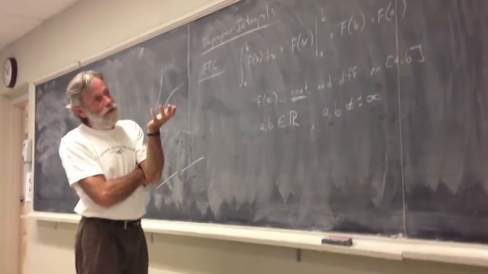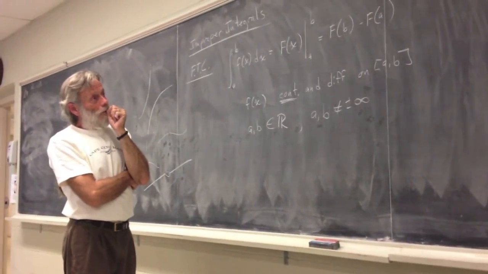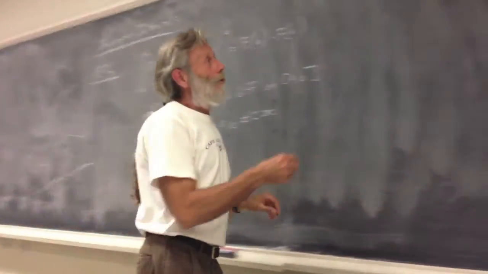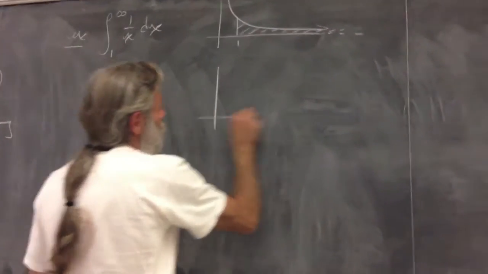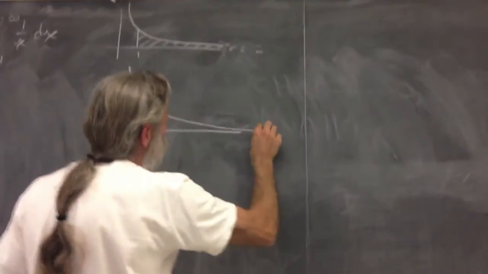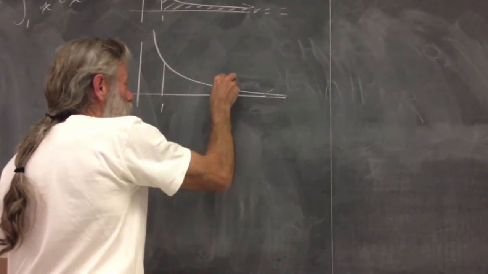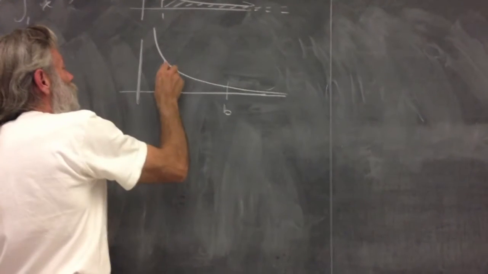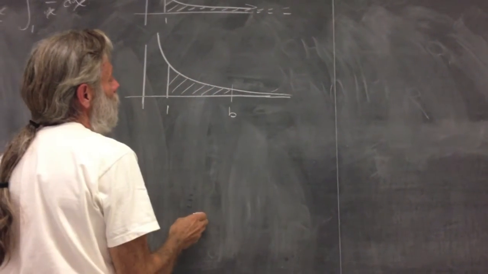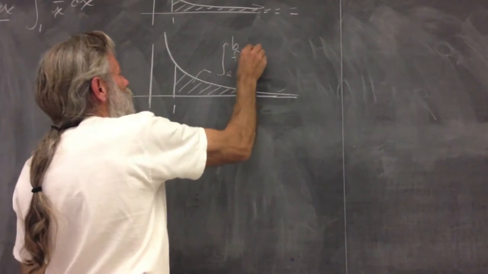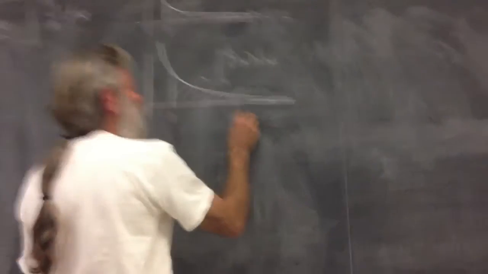So how can I still get this done without infinity in the upper limit? What if I took the function, took the boundary at 1, took another boundary at b, found this area using the integral from a to b of f of x dx, but then shoved this out to infinity.